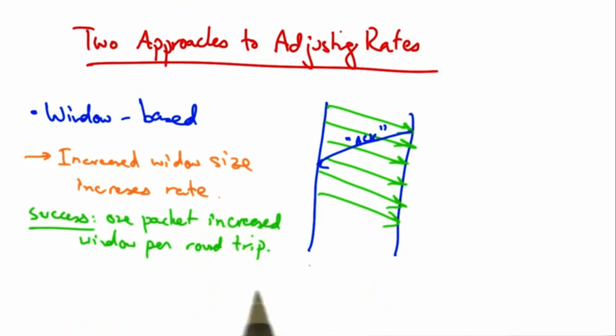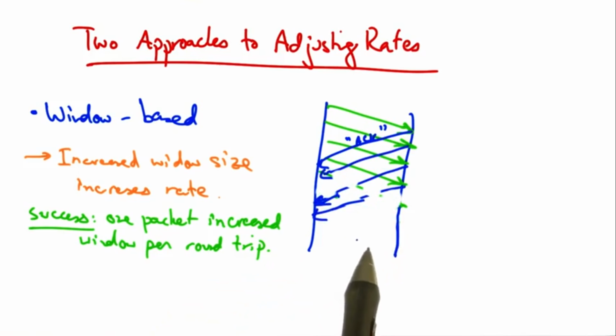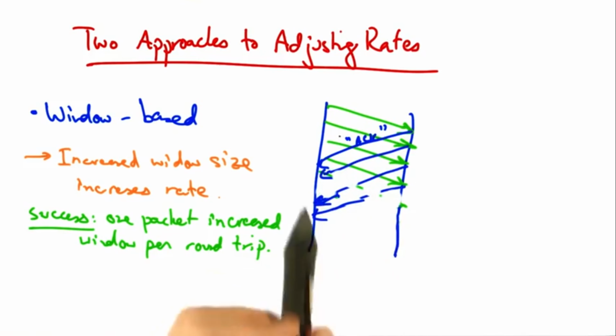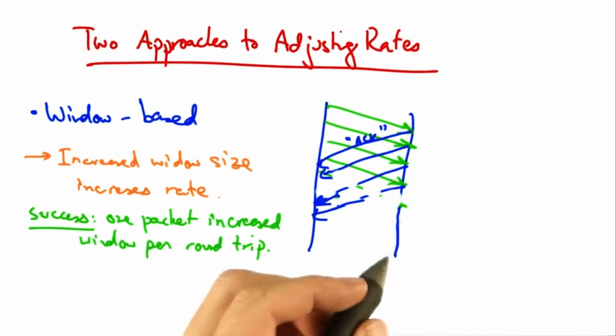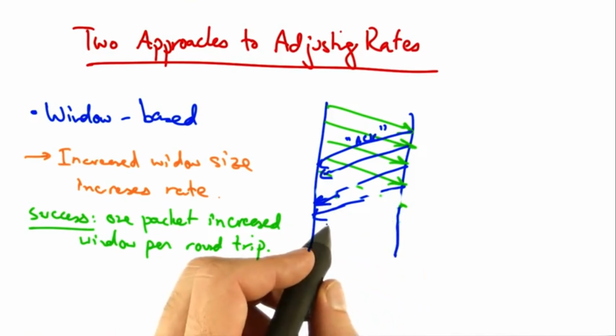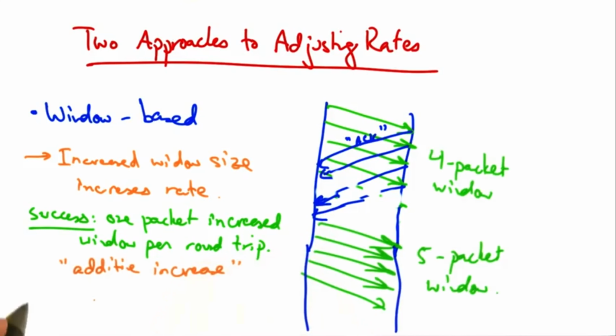Upon a successful receipt, we want the sender to increase its window by 1 packet per round trip. So for example, in this case, if the sender's window was initially 4 packets, then at the end of a single round trip's worth of sending, we want the next set of transmissions to allow 5 packets to be outstanding. This is called additive increase.